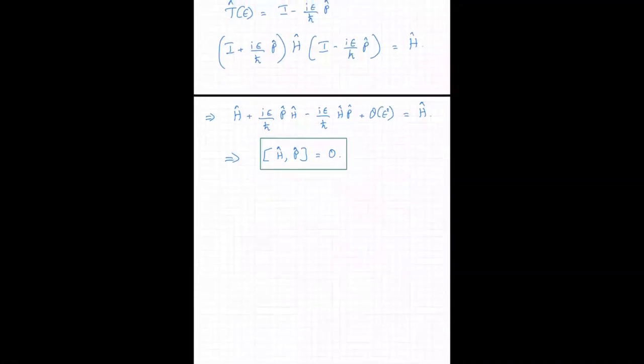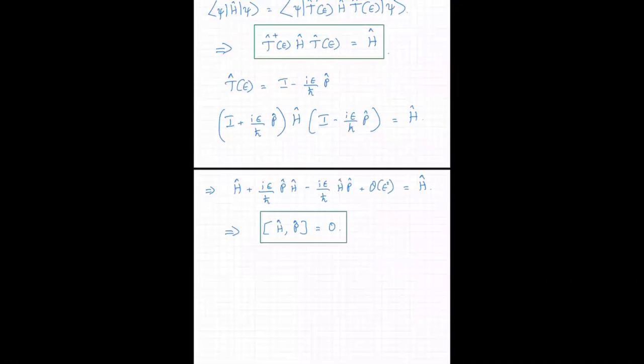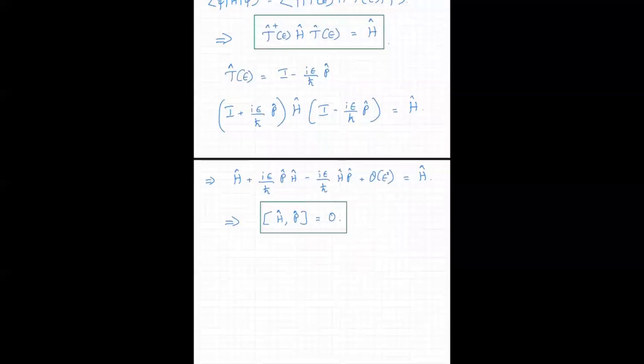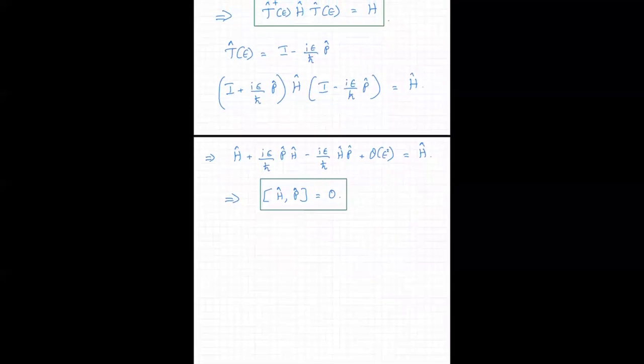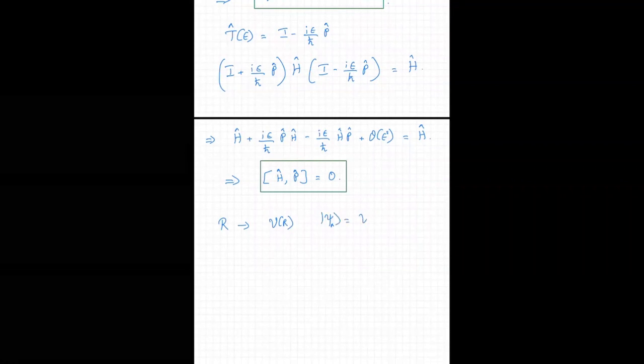Remember that whatever I have said here is completely general for any transformation. Suppose I have rotations, and suppose there is a rotation R that is represented as some kind of unitary operator in the Hilbert space such that psi R is U of R times psi.